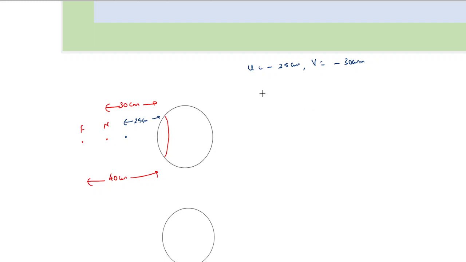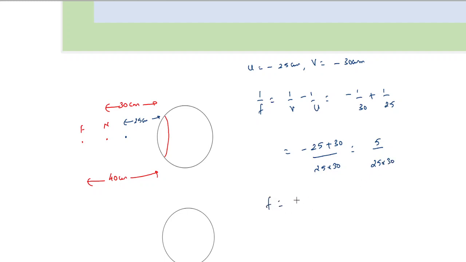So the focal length is given by 1 by F is equal to 1 by V minus 1 by U, that is minus 1 by 30 plus 1 by 25, which is equal to minus 25 plus 30 by 25 into 30, which is 5 by 25 into 30.